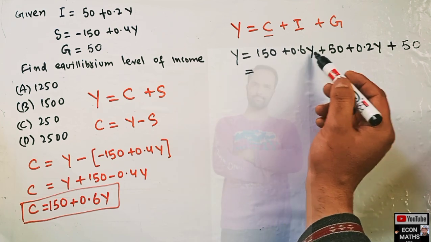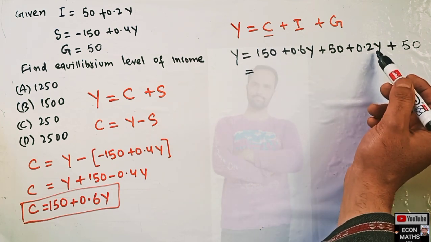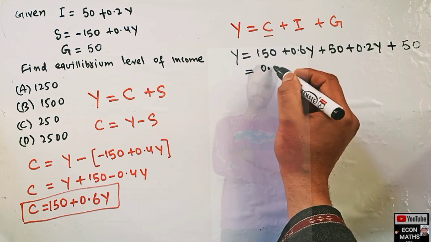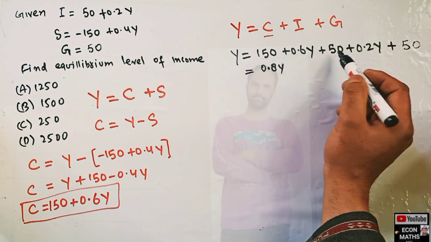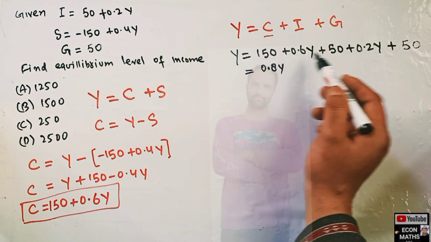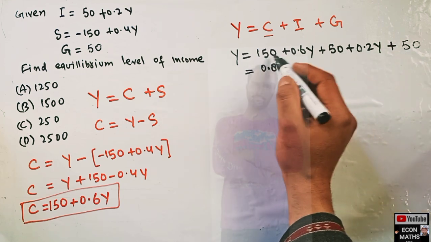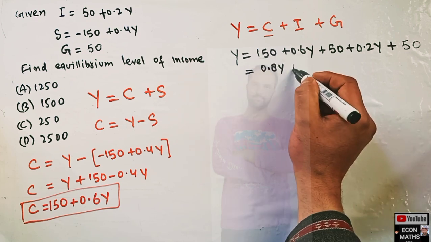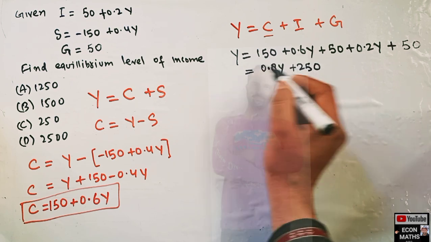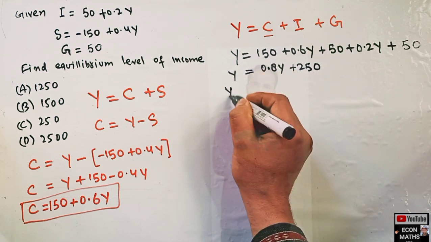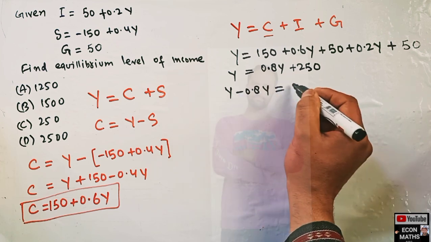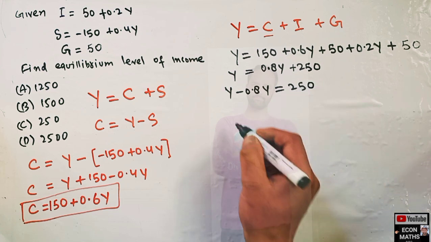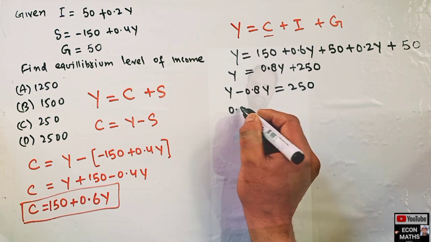We have 0.6y and 0.2y, this becomes 0.8y. We have 150 plus 50 plus 50, that is 250 obviously. Transposing this 0.8y to the LHS, we get 250 here.